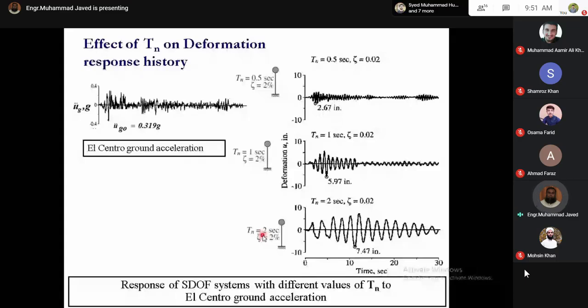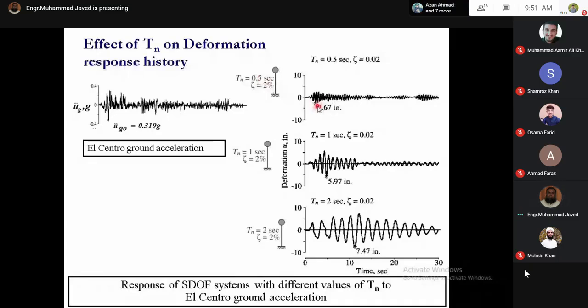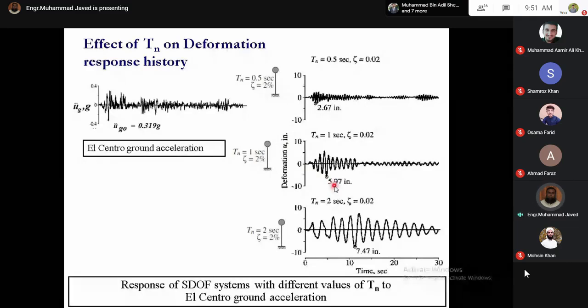We performed numerical integration, which shows that in case of natural time period 0.5 second, the peak structural displacement is 2.67. In case of 1 second natural time period, this increased to 5.97. Further increasing the natural time period further increases the peak structural displacement. So what we can conclude from here is that increase in natural time period increases the peak structural displacement.